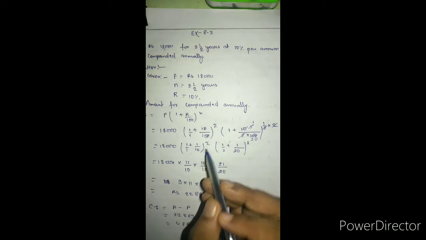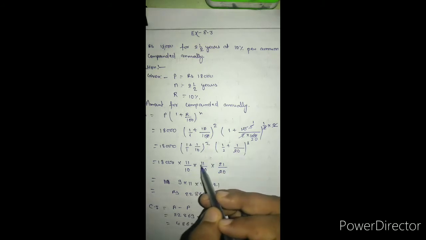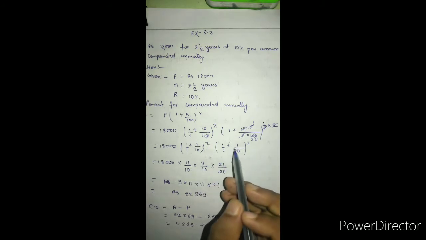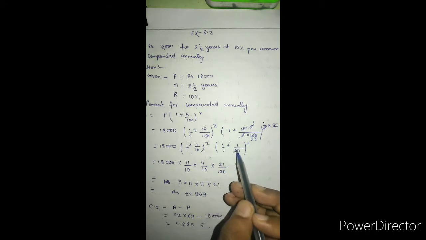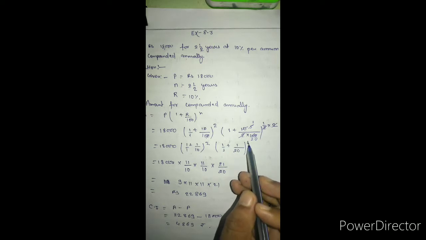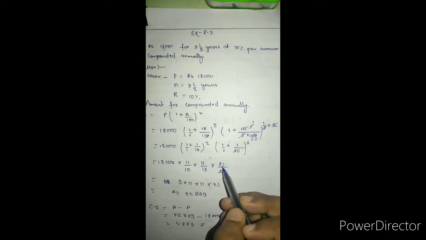Here it is squared, so we have to multiply it 2 times. And when you solve 1 plus 1 by 20, you will get 21 by 20. The power is 1 here, so write it one time, meaning multiply only once, 21 by 20.